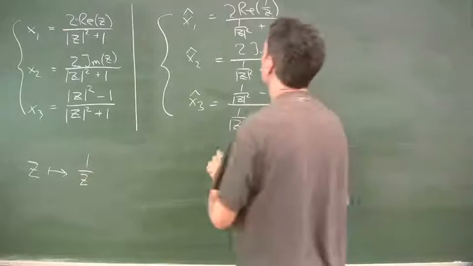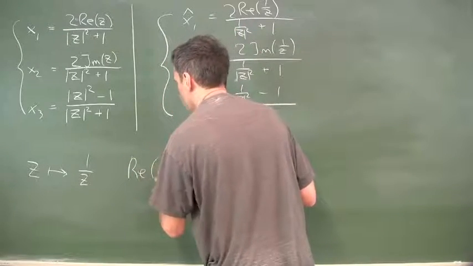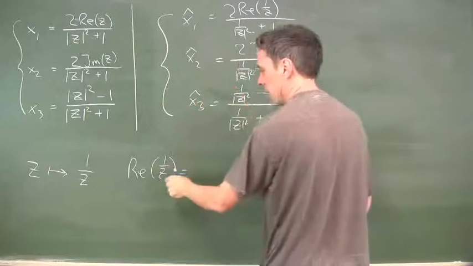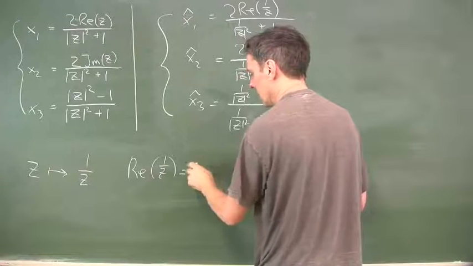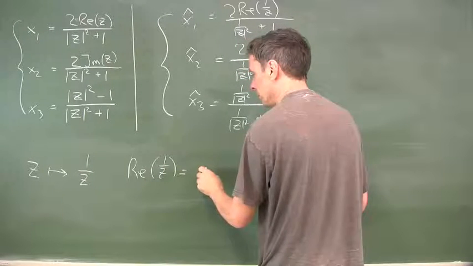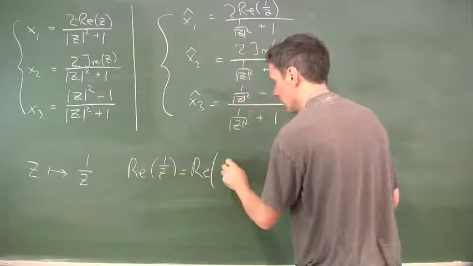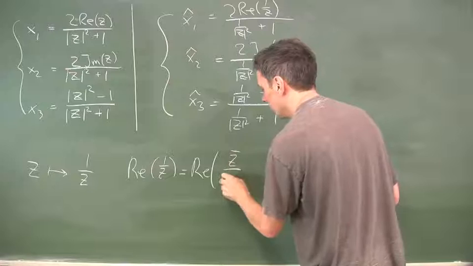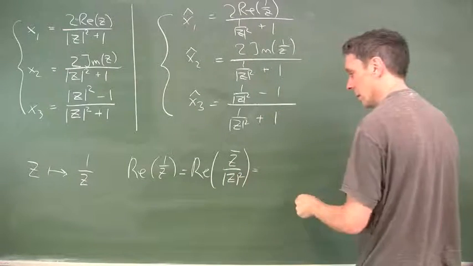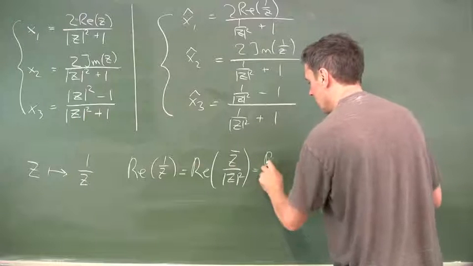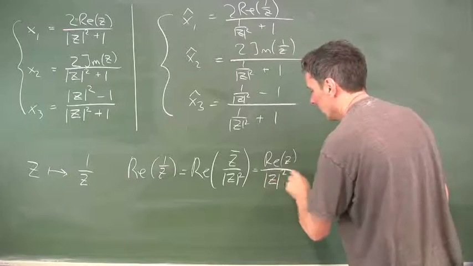And then we remember, of course, that the real part of 1 over z, if you just multiply numerator and denominator by z conjugate, then you see that the real part of this will be the same thing as the real part of z conjugate divided by z absolute value squared, which is, of course, equal to the real part of z divided by z absolute value squared.